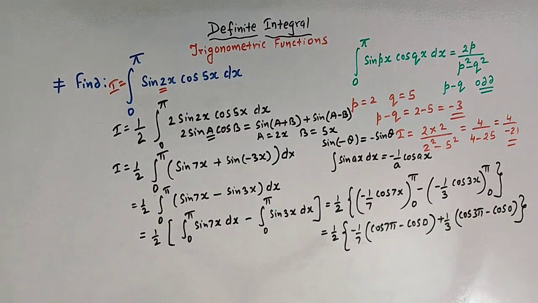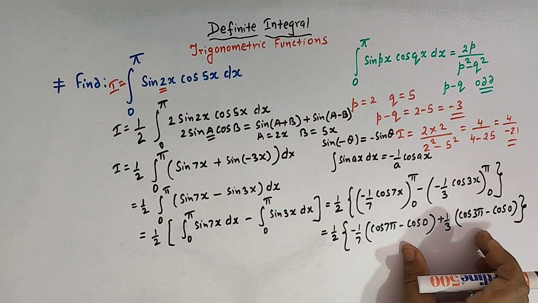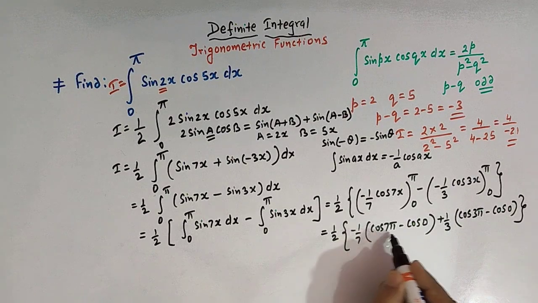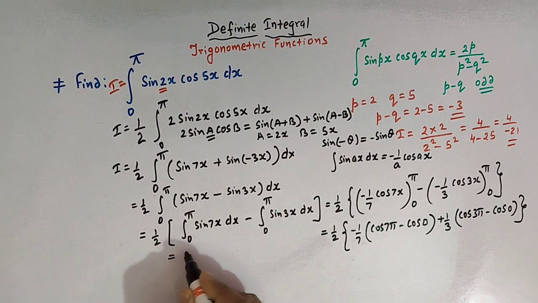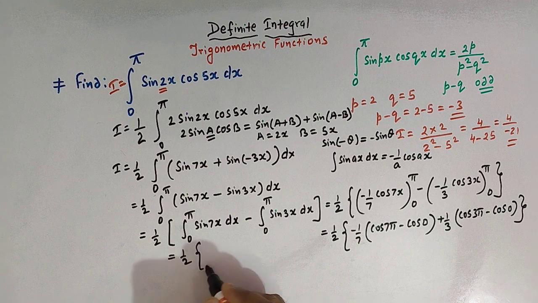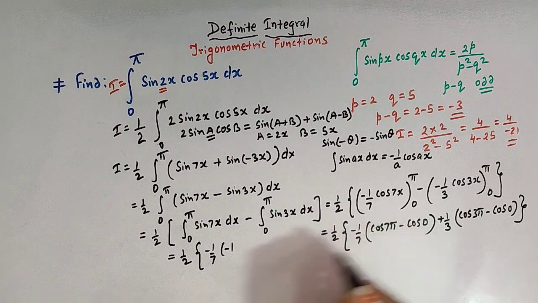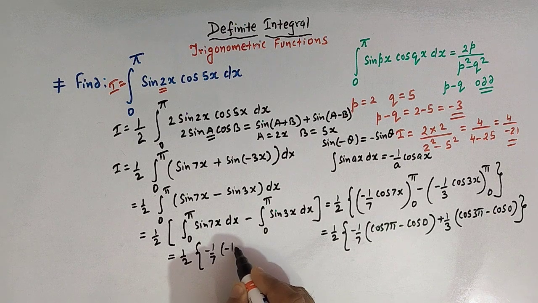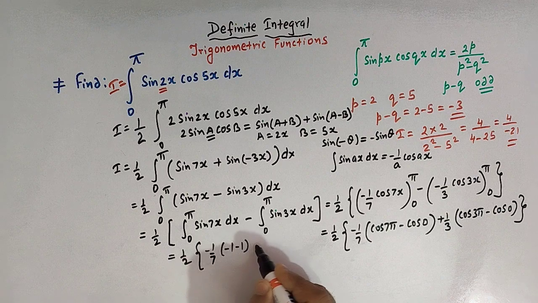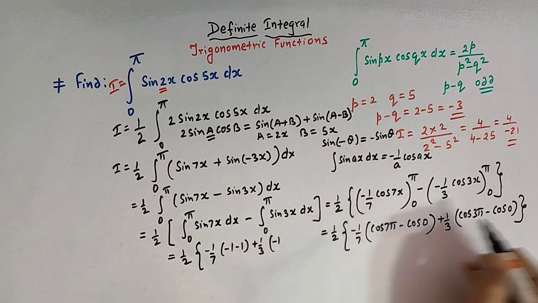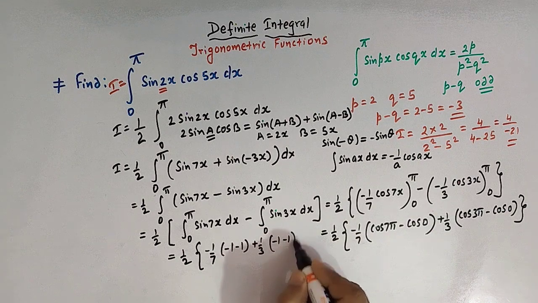Now we simplify. The value of cos 7 pi is minus 1, and cosine of 0 is 1. Plus 1 over 3, and cos 3 pi is minus 1, cos of 0 is 1.